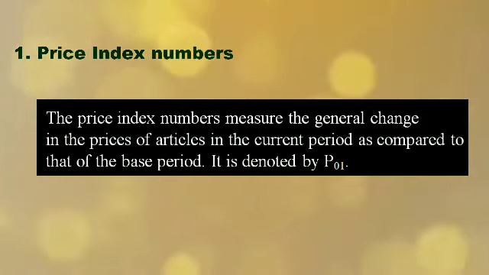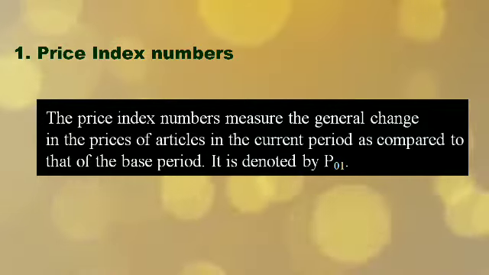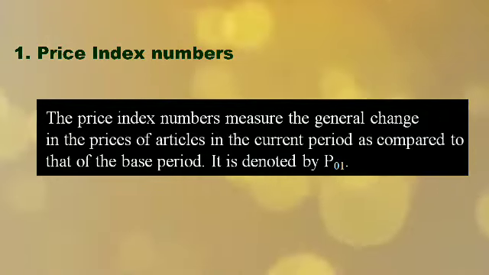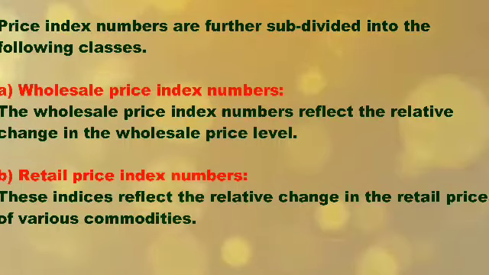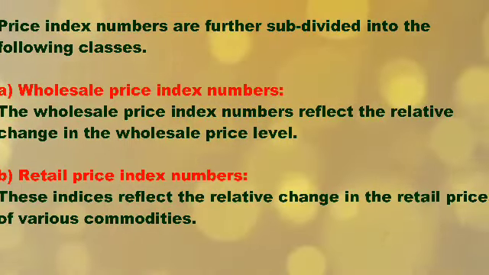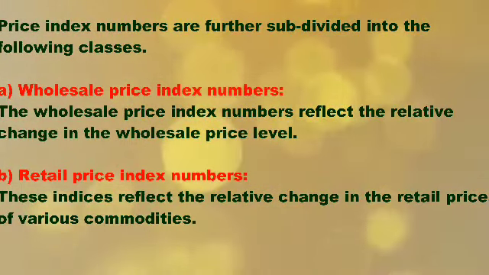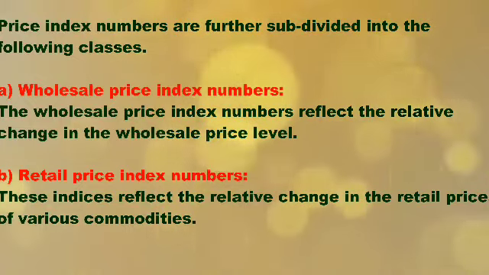Price changes with respect to the base year can be studied in this concept of price index number. Now while studying price index number, there are two different categories. One is based on the wholesale price, or else based on the retail price. So wholesale price index number and retail price index number.